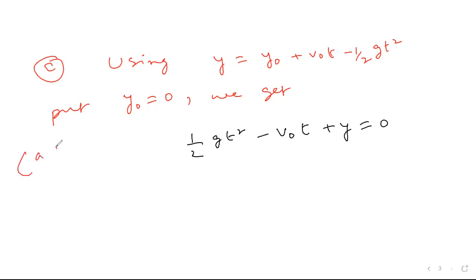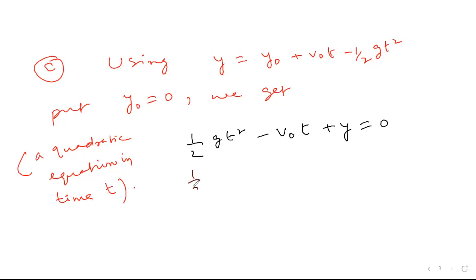A quadratic equation in time t, right? So let me put the numbers first before going to the solution.